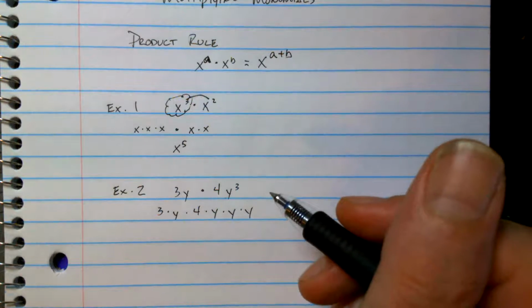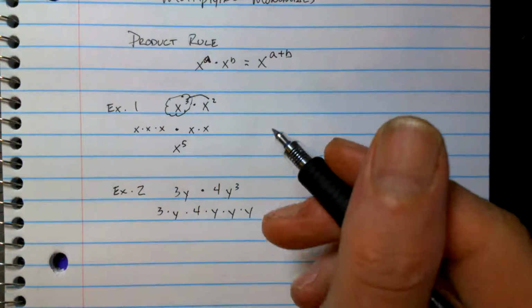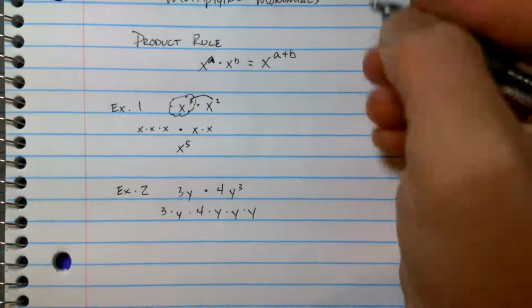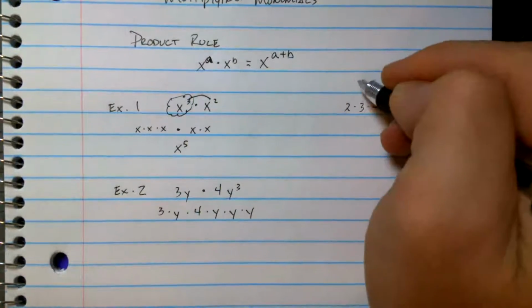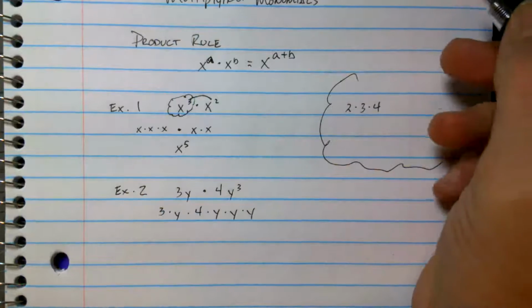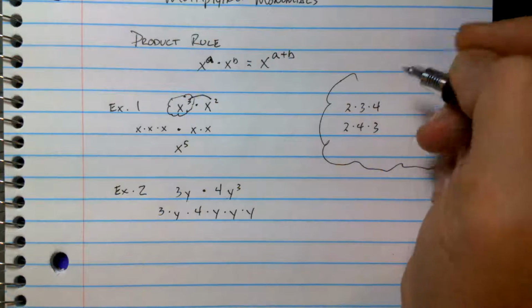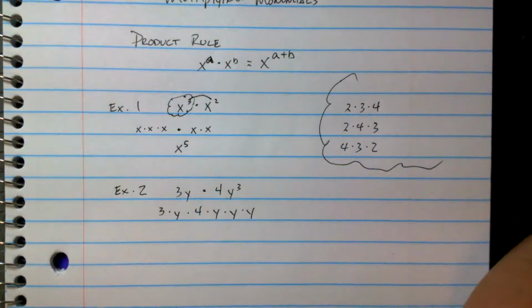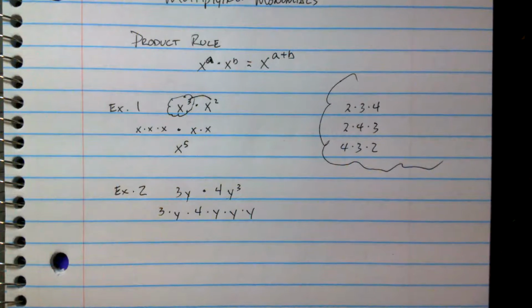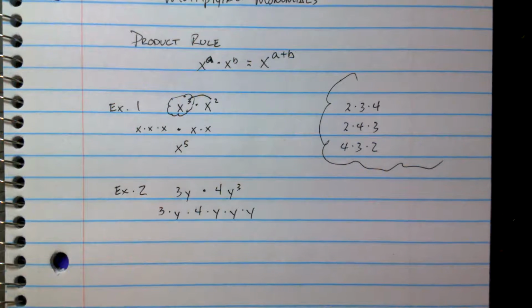But with multiplication, there is no limit to the order in which you have to do things. So if I said 2 times 3 times 4, this is just a side thought, it's the same as 2 times 4 times 3, which is the same as 4 times 3 times 2, etc. So I can do this in a different order.